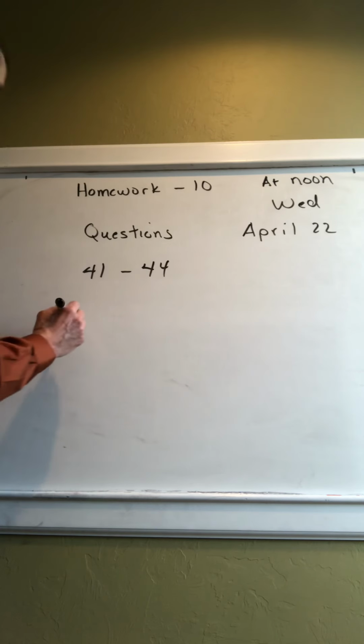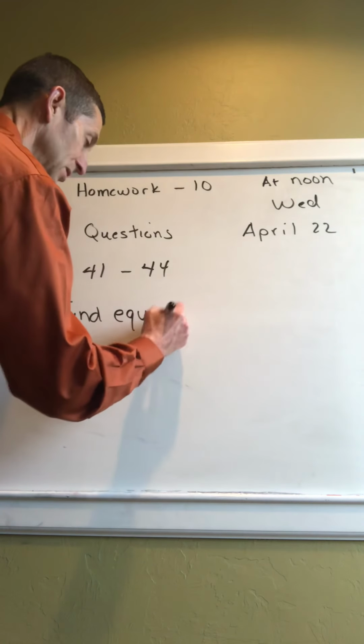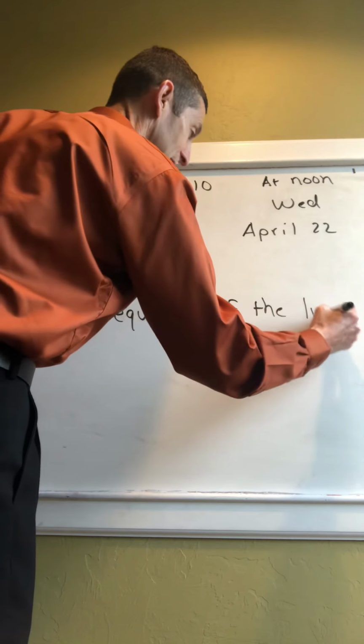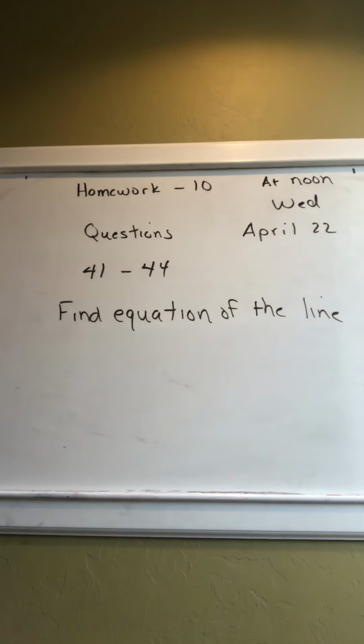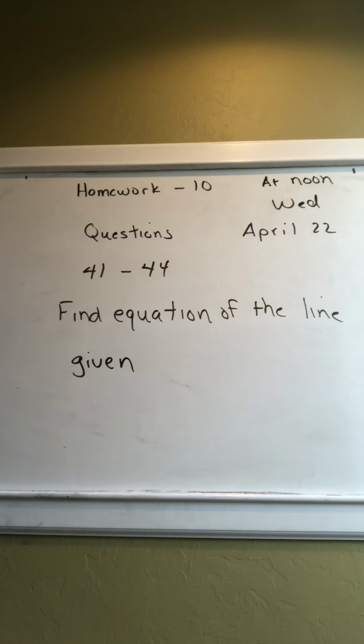All right, let's give you the directions. The directions are the same thing. Find equation of the line. Same thing as homework 9, find equation of the line. But on homework 10, when you find equation of the line, you will be given 2 points. Given 2 points that it passes through.